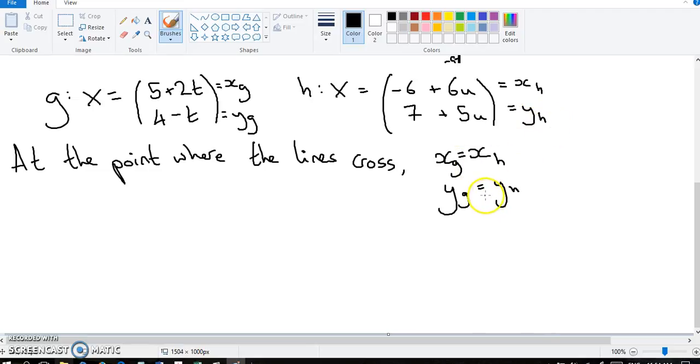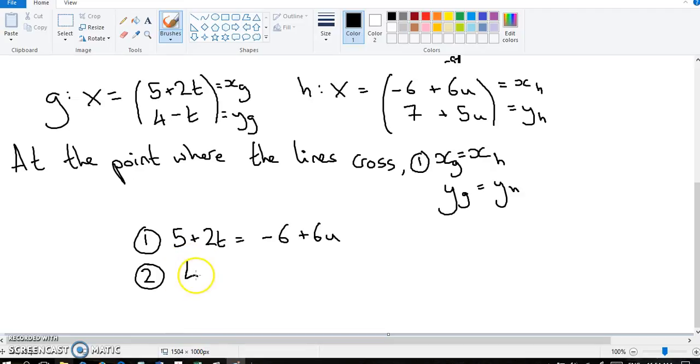So the two lines are equal at that point. They have the same x coordinate and the same y coordinate. So I can say if xg is equal to xh, number 1, 5 plus 2t is equal to -6 plus 6u. And similarly, the y components are the same. 4 minus t is equal to 7 plus 5u.